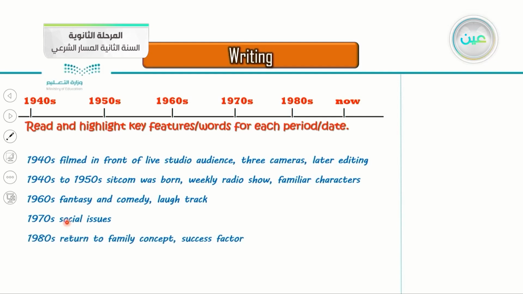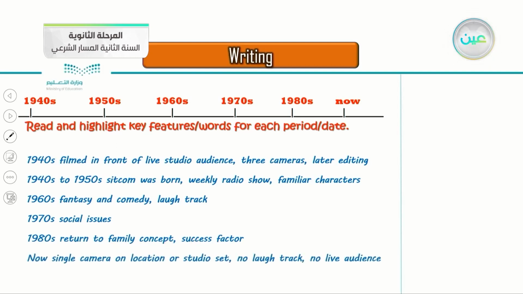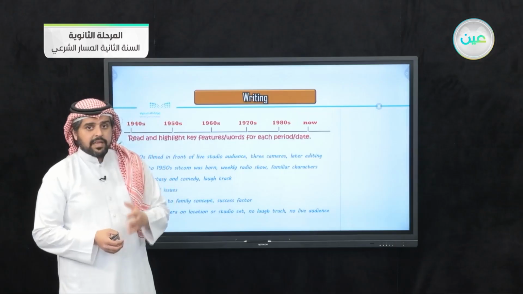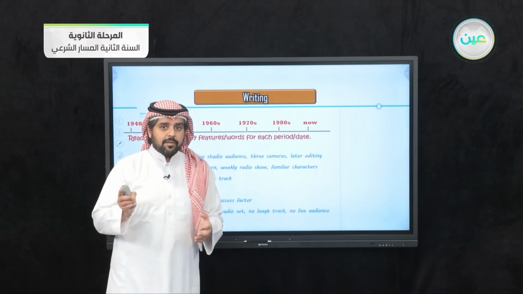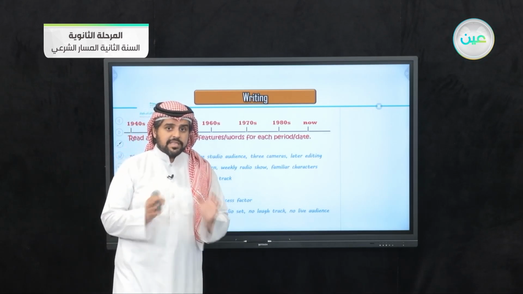So instead of social issues, they returned to some family concept and the success factor. And now, single camera or location or studio set, no laugh track, no live audience. So nowadays, sitcoms gave up the live audience, they gave up the laugh track, just one camera in the studio, and this is it.